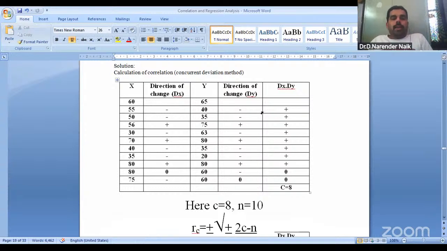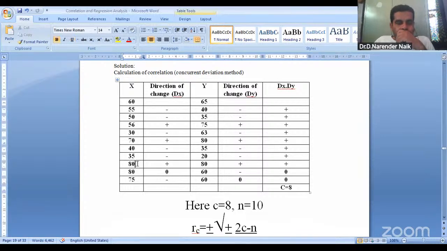Calculation for correlation by concurrent deviation: x: 60, 55, 50, 56, 30, 70, 40, 35, 80, 80, 75. y: 65, 40, 35, 75, 63, 80, 35, 20, 80, 60, 60. So all these are the different signs we got. See here, 80 and 80: the present value is not changed from the previous value, so 80 minus 80 is 0, and the sign is 0.